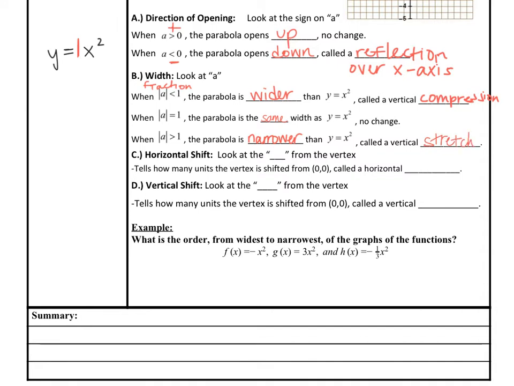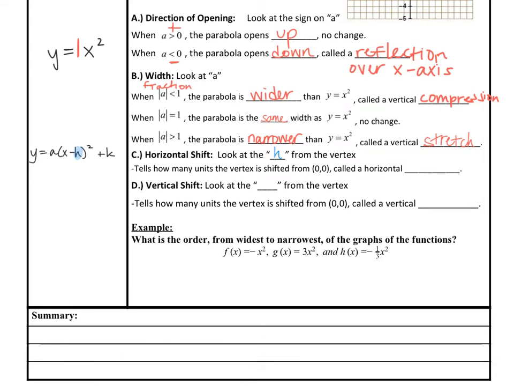Okay, moving on to horizontal shift. You're going to look at the h value from the vertex. You remember when we have vertex form, we have this: y equals a(x minus h) squared plus k. So we are looking at the h value. Whatever that is will tell us how it moves left or right. So look at the h.